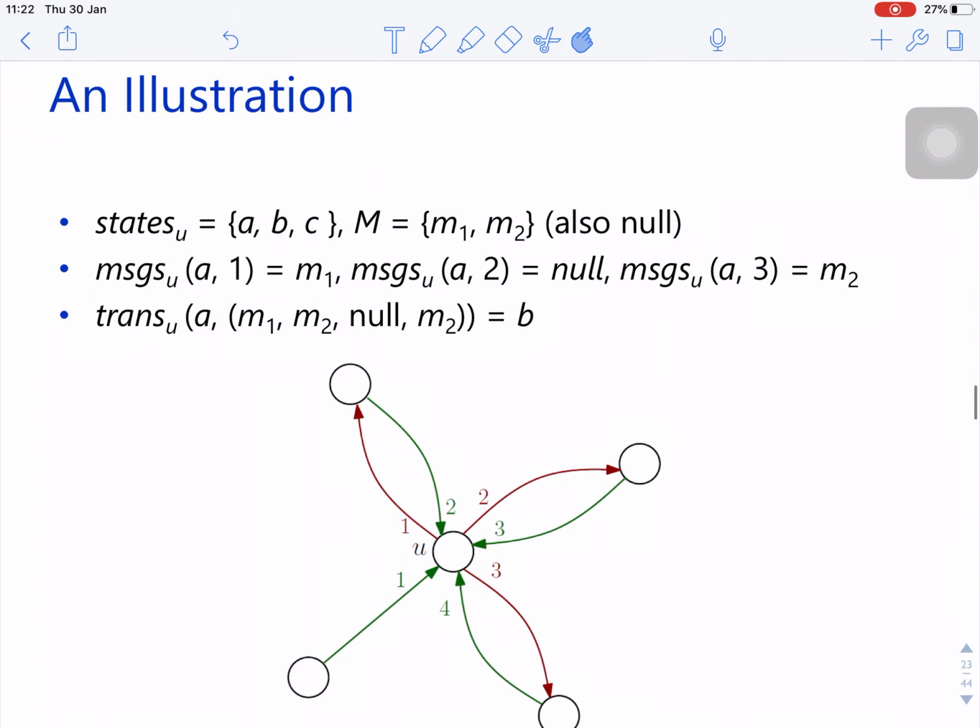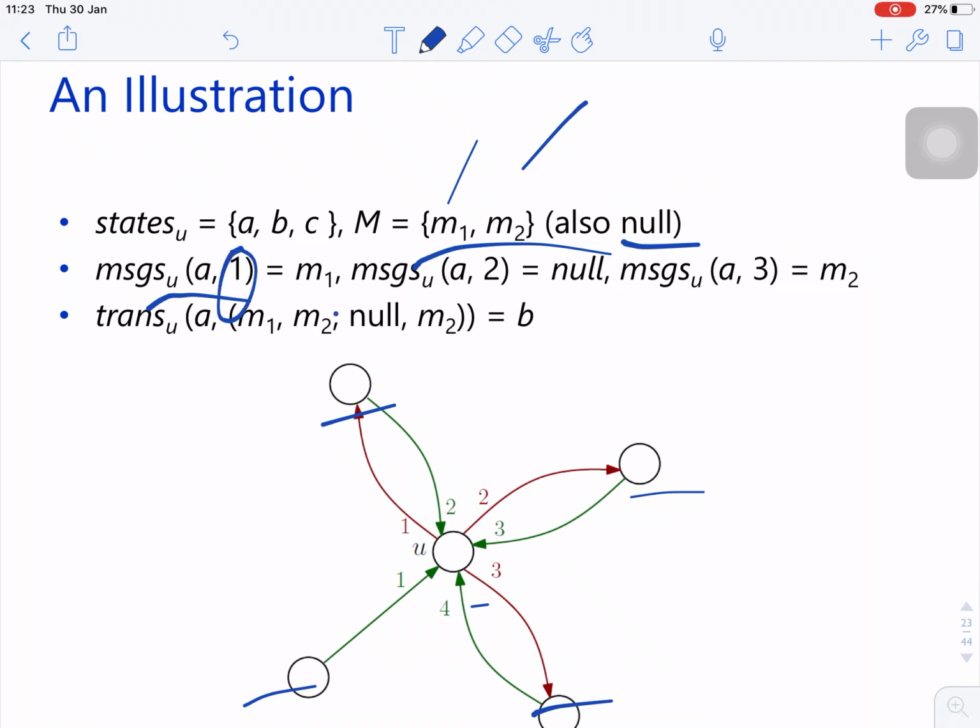In the illustration I followed, we have the statuses A, B, and C, which is a generalization for the status of these 5 nodes. It's a generalization for the status within all these nodes. And the messages, which means maybe wake up, this is wake up, this is like go to bed, and maybe also no. And what if a node is in status A, it will give its first neighbor the message 1.